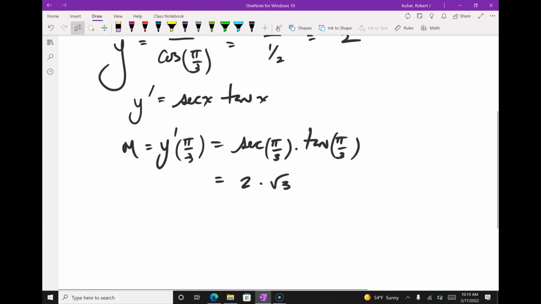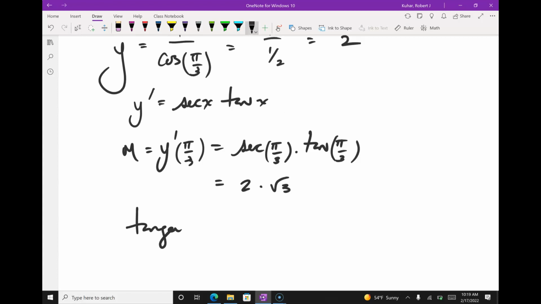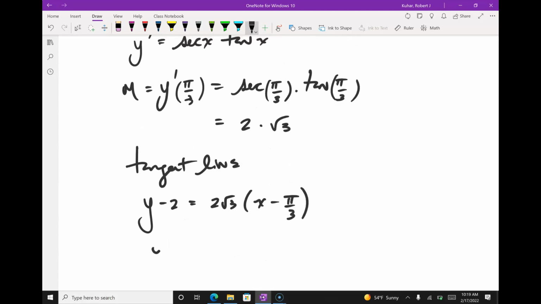Good. Tangent line: y minus 2 equals 2 root 3 all times x minus pi over 3. So y minus 2 equals 2 root 3 x minus 2 pi root 3, sorry, over 3.